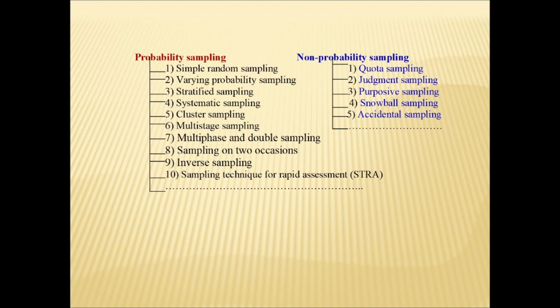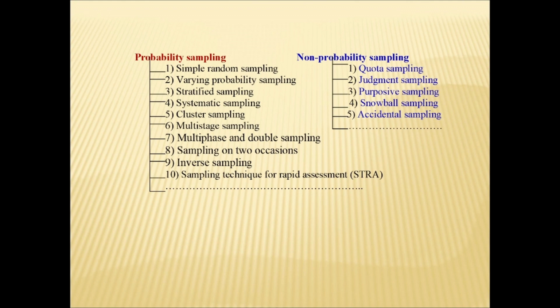The second one is stratified sampling: you divide the whole population into different strata. Then systematic sampling, then cluster sampling, multistage. So what I am trying to make you understand is that depending upon the nature and variability of the population, we need to adopt one of these sampling techniques. One is probability sampling, another one is non-probability sampling.